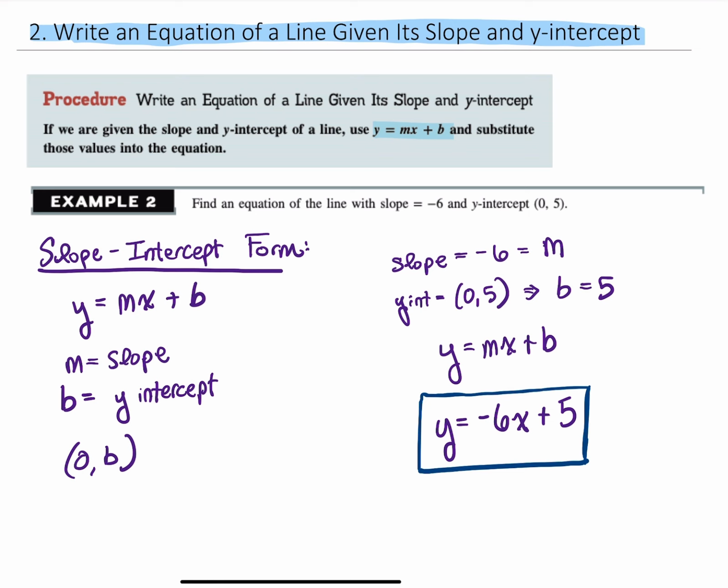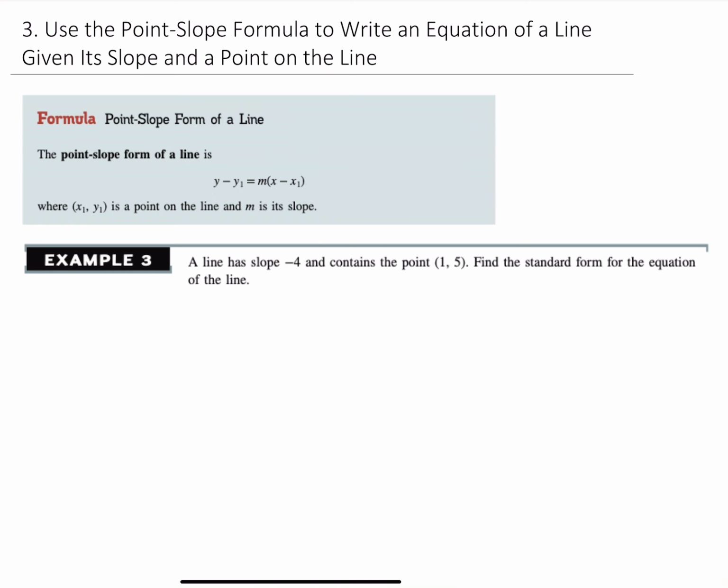There's another very useful equation of a line called point-slope formula. And just like with slope-intercept, where we have the slope and the intercept, with point-slope, if you know the slope and a single point, this time it doesn't have to be an intercept, you can plug it into this other formula, which they have written here. y minus y1 equals m times x minus x1.